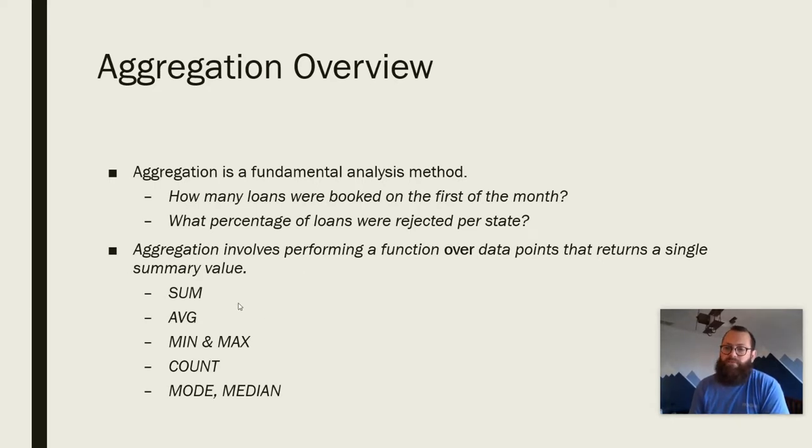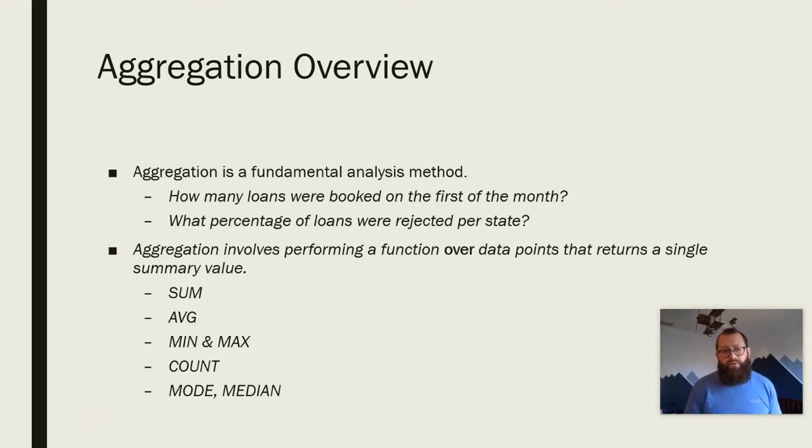And some example aggregation functions, which I'm more than sure you're familiar with, are a sum, an average, a minimum or a maximum, a count, a mode, or a median. Basically, what are typically referred to as summary statistics are ultimately performed through some level of aggregation.